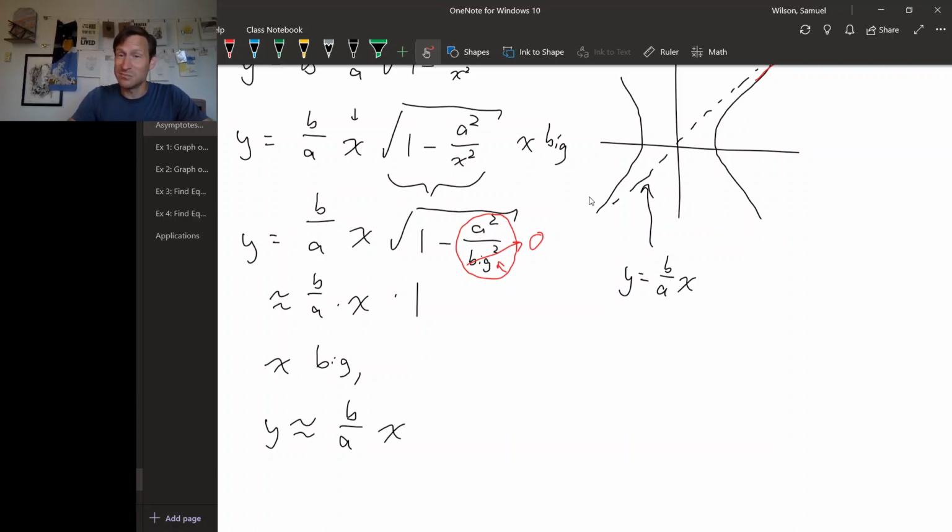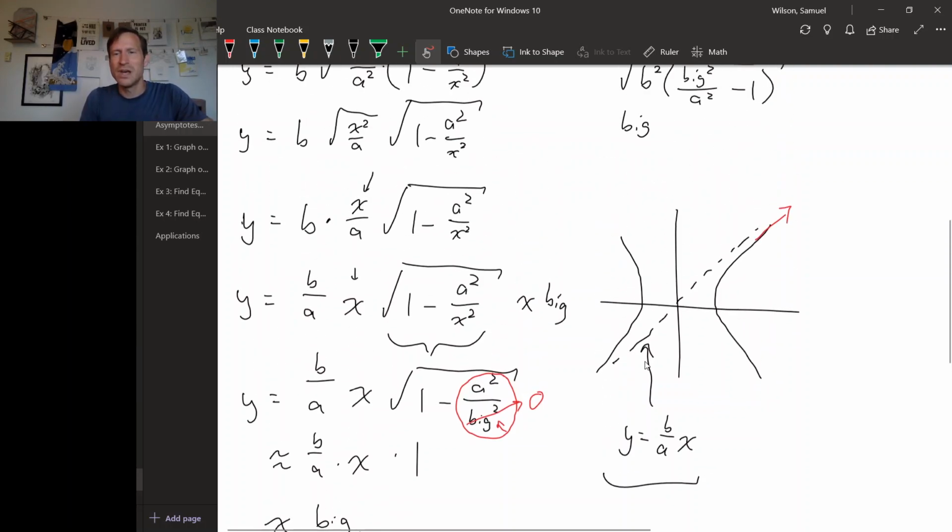So it is an asymptote, and we have the equation for this asymptote. It's just y equals b over a times x. Of course, you can do the whole argument thinking about the other asymptote and keep the bottom half of the hyperbola, and you get an equation for the other asymptote. It won't surprise you to find that it's y equals minus b over a times x.